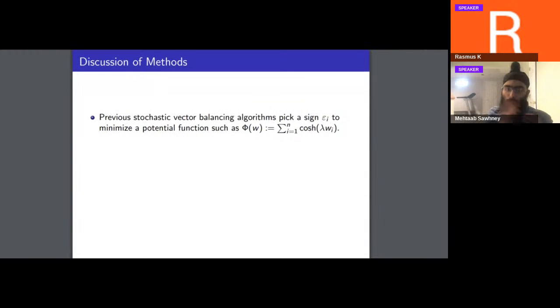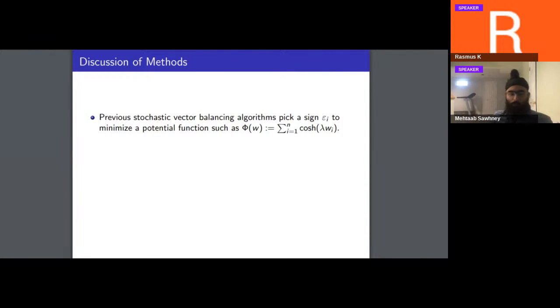And broadly, all these results are using some sort of potential minimization. At a very high level, there are many steps in implementing this basic idea, but what they're roughly doing is, if your current sum is the vector w, you pick your sign epsilon_i so that you minimize some potential function.